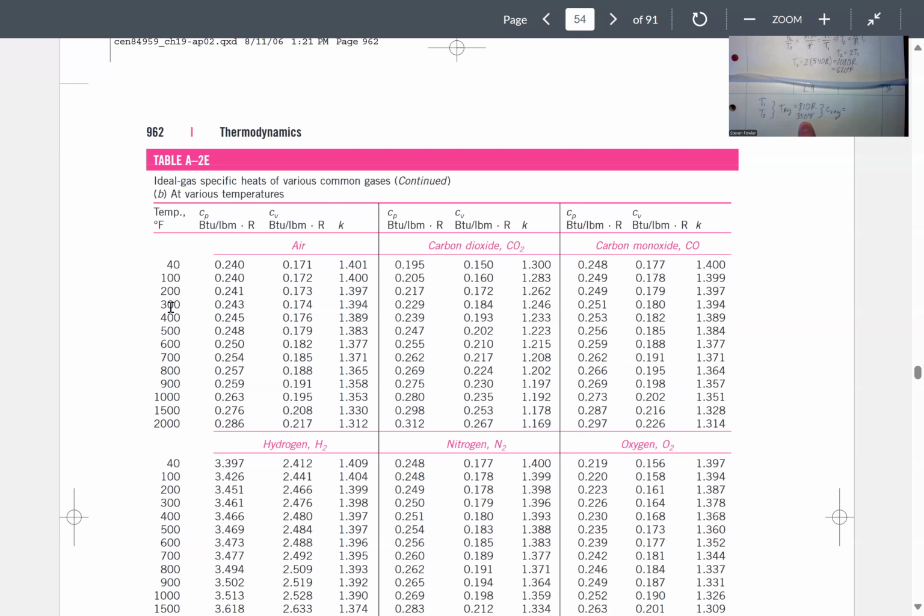I know my average temperature is 350 Fahrenheit. I'm halfway in between 0.174 and 0.176, so I'm going to say my C sub V is 0.175, halfway in between those two. The units on that are BTU per pound mass Rankine.